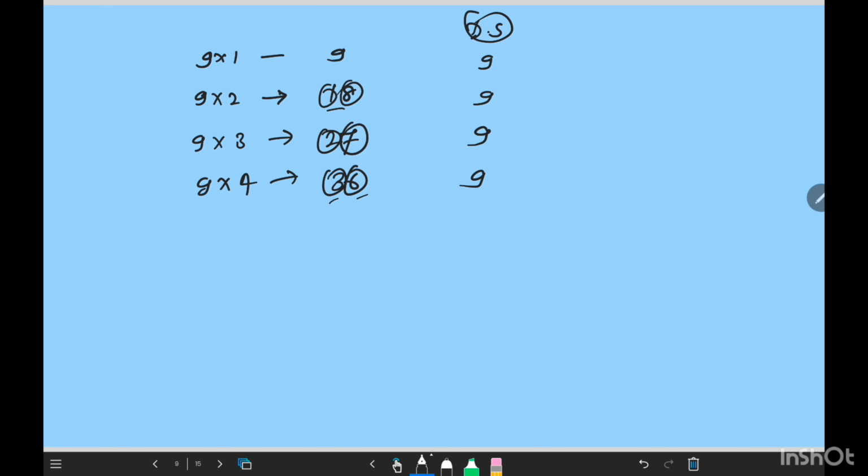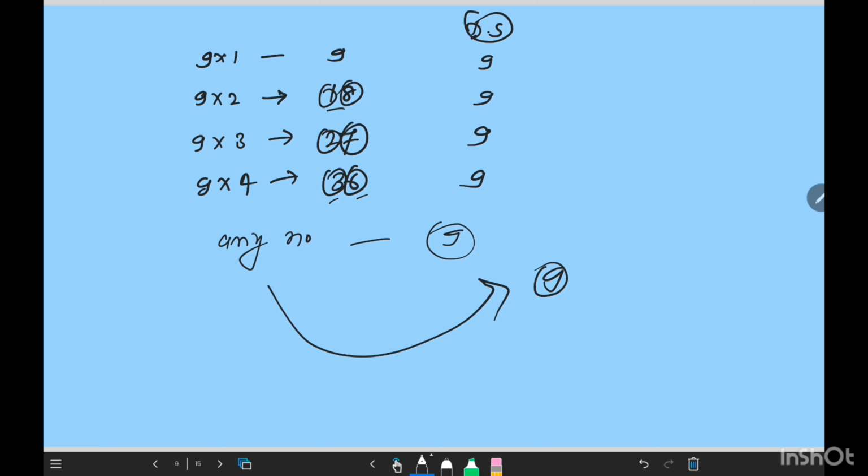So we learn a trick: any number which is a multiple of 9, the digital sum of that number is going to be 9 only, not more than that.